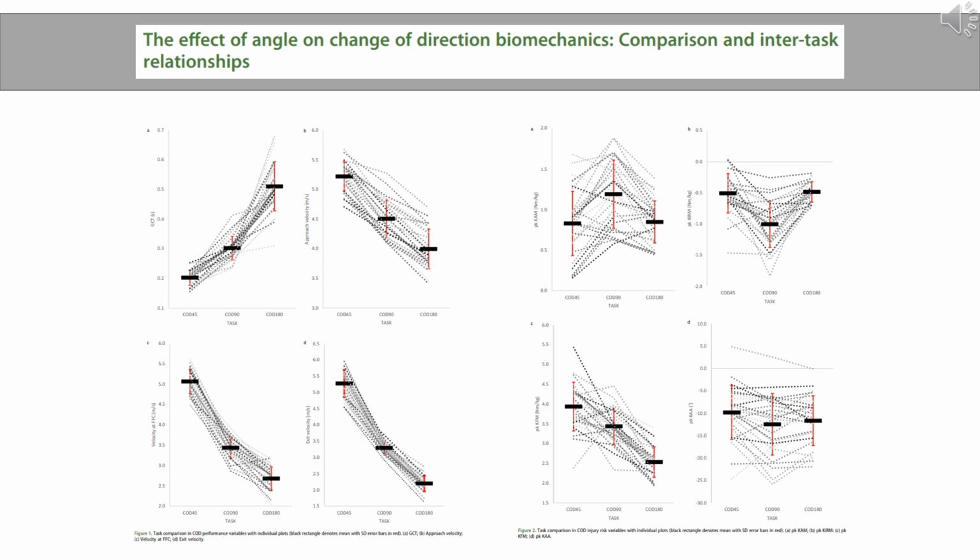However, when we start looking at things like peak knee flexion moment and peak knee abduction angle, unsurprisingly, the amount we need to bend our knee is much, much, much lower.